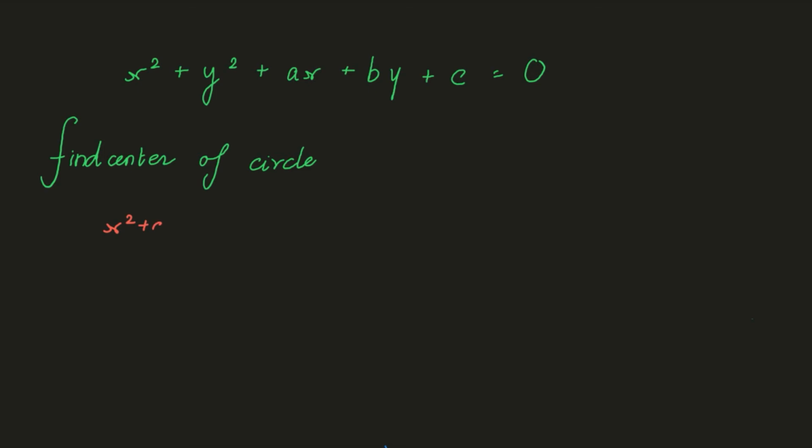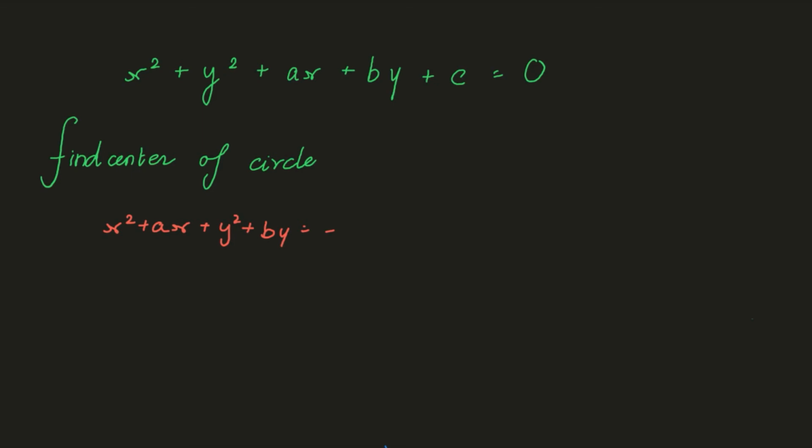x² + ax + y² + by = -c. All right. So now, since we have to factorize this, we have to make this into x minus something whole square.